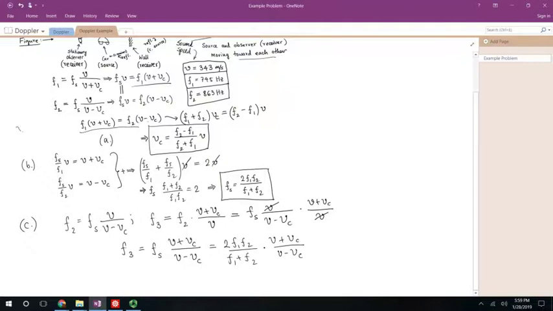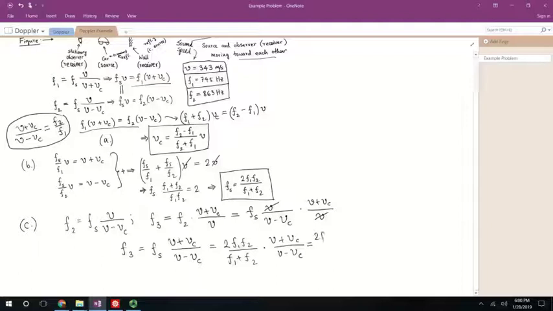From here, we can write V plus Vc divided by V minus Vc. This ratio, if I look at this equation, is just equal to F2 divided by F1. We can take this and plug it back into the last part of our answer.